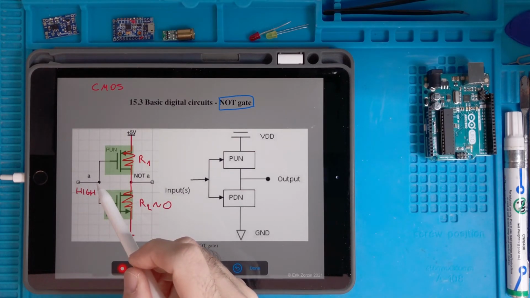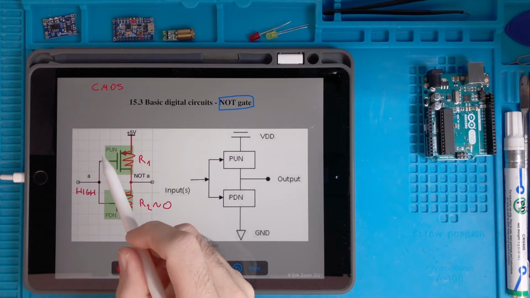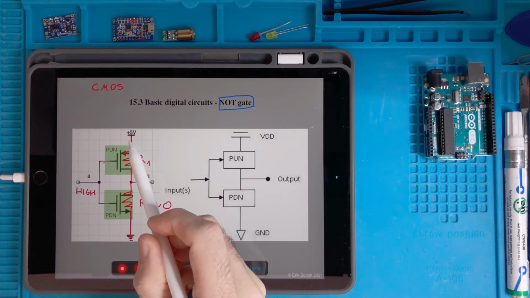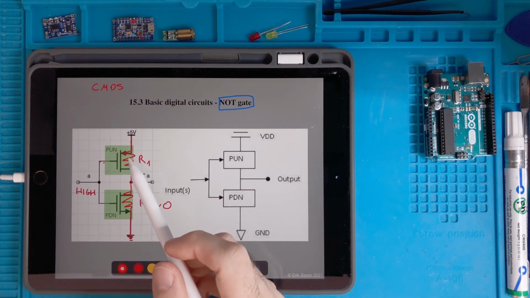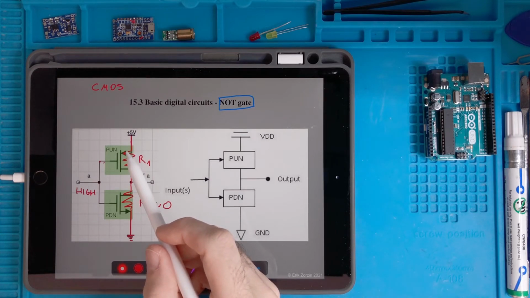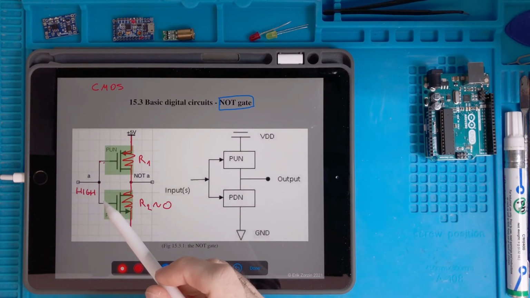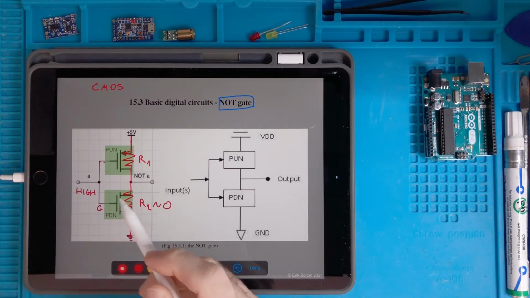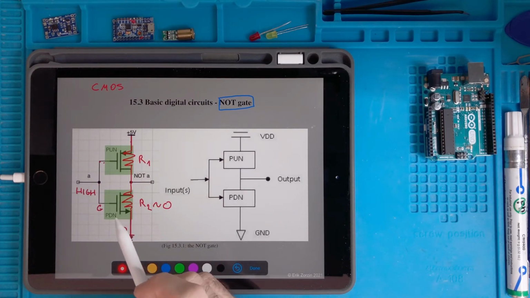So when this is high, it means that this thing is connected to 5 volts, so the gate of this transistor is connected to the same value as the drain of this transistor. So if this transistor was an N-type transistor like the one we studied, then when the gate voltage is equal to the drain voltage, we have exactly the opposite situation. So the resistance is very high here because the channel is not formed, it is completely closed.